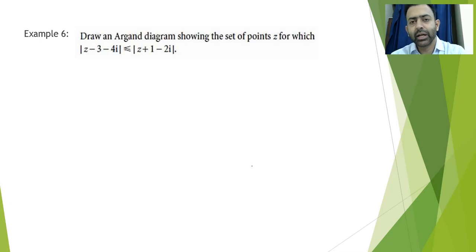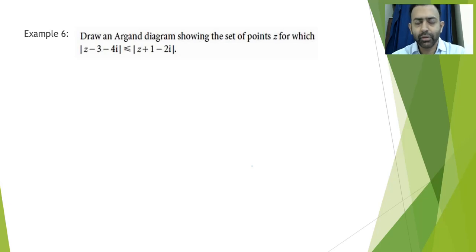Whenever we see an inequality of the type, let us say, mod z minus a is less than 2, the first thing we do is remove the inequality and replace it with an equality sign, just to understand what the boundary will be.